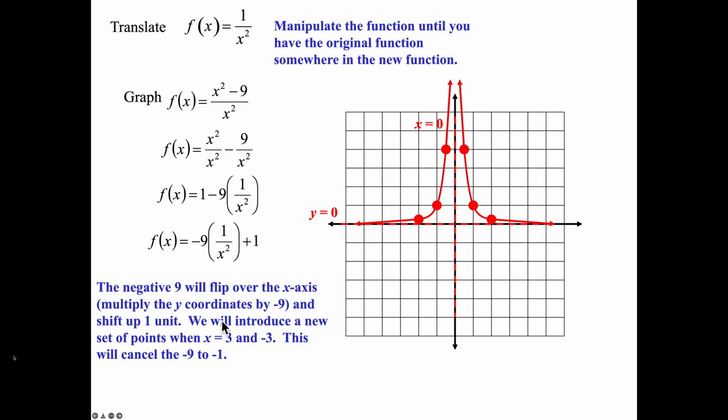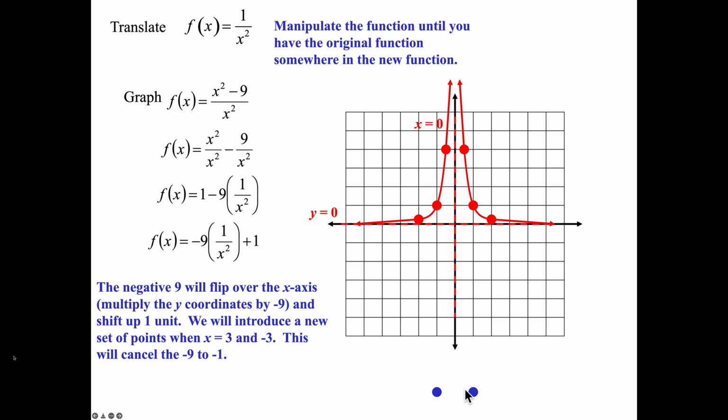So what I'm going to do is I'm going to introduce, just to find some extra points to plot that will be easier to plot, is I'm going to look at when x is 3 and negative 3, right in this area here. So if I put 3 and negative 3 in here, that's 1/9 for both my y coordinates right there. So the reason I'm doing that is because I need some extra points.